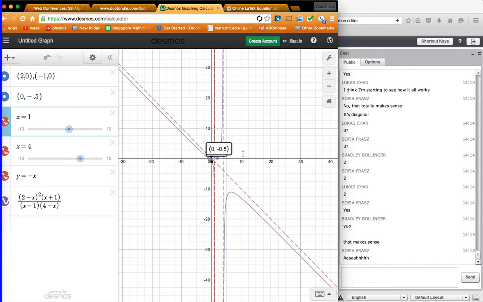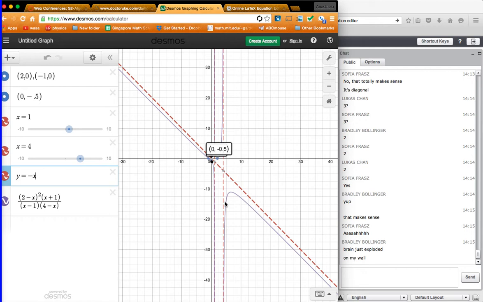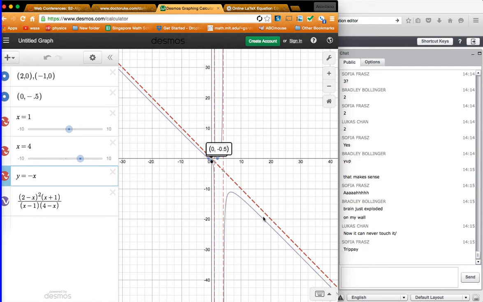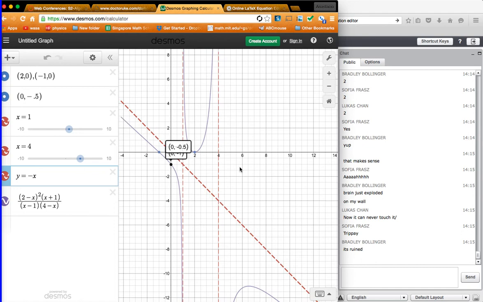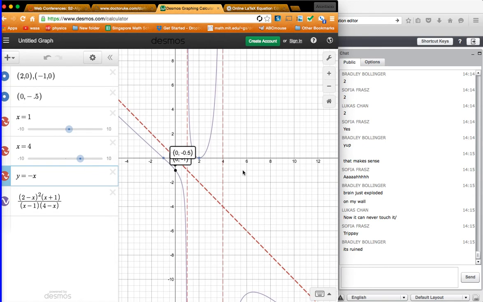My graph tends towards those points. So I guess I explained something brand new, but vertical asymptotes or horizontal asymptotes don't even need to be horizontal.